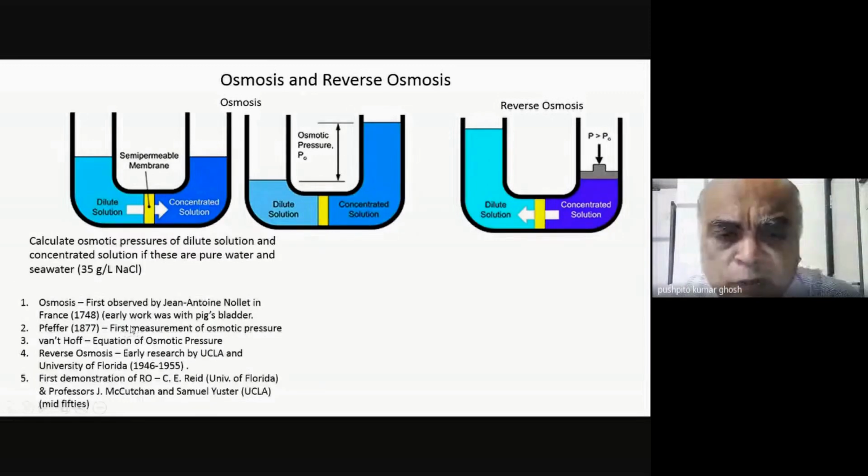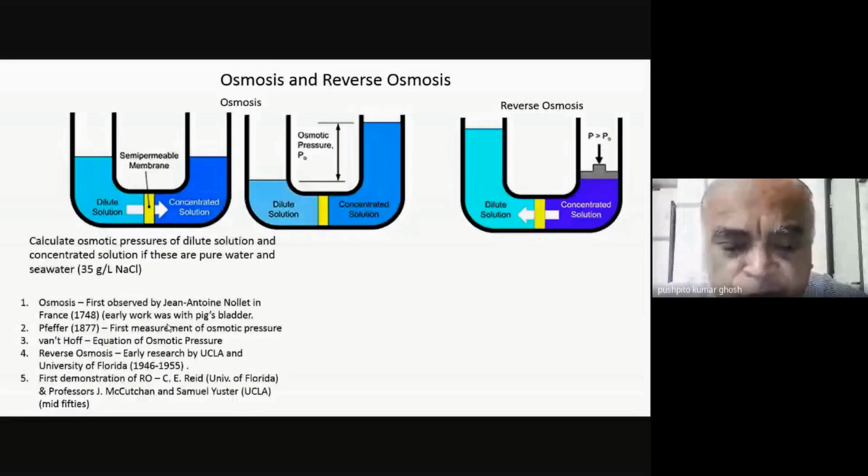It's always nice to know the history of these things. The first observation of osmosis, this phenomenon, was made by the French person Nollet, in 1748, just around the start of the Industrial Revolution. At that time there was no membrane that existed except for what you could have got from nature.